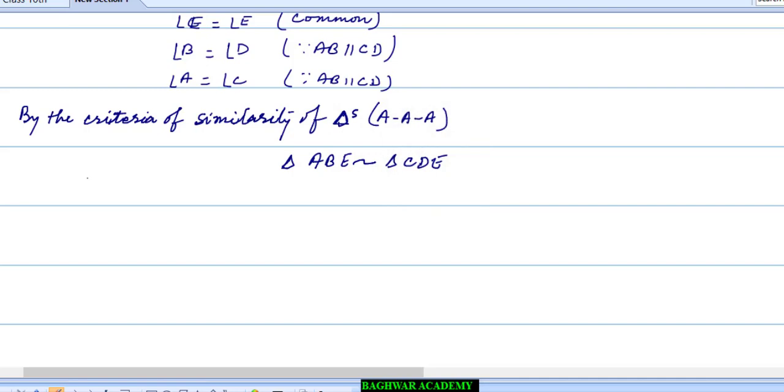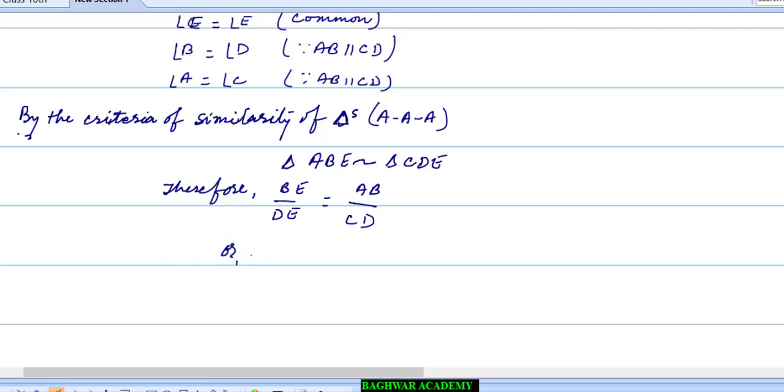Both the triangles will be similar, and hence their sides will be proportional. So it can be written as, therefore, BE by DE will be equal to AB by CD. So easy it is. Then you put the values.